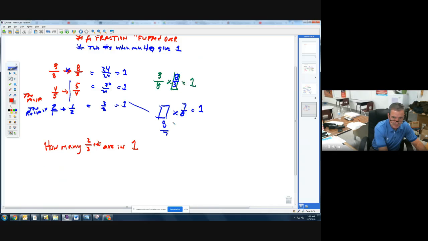Which is really the same thing as what we were doing over here. They're just saying two-thirds times what number gives me one. How many two-thirds would it take to get one? In which case, you are all going to say, I know the answer to that. It is the reciprocal of two-thirds, which is 3/2, which is 1 1/2 if you really do that out. How many two-thirds does it take to make one?